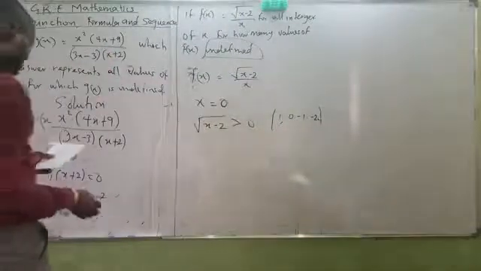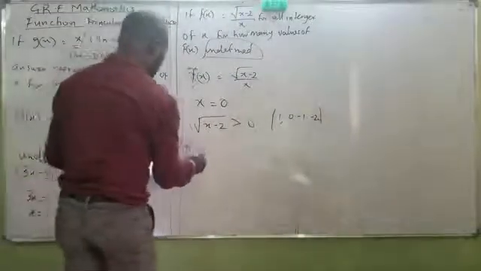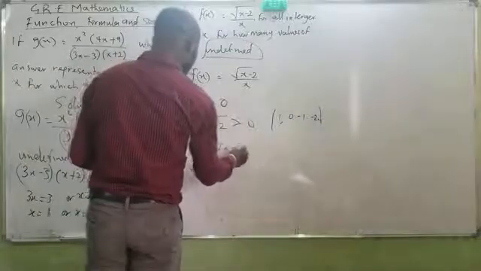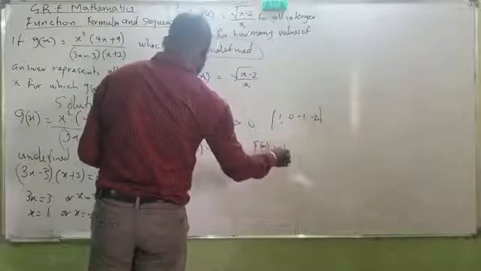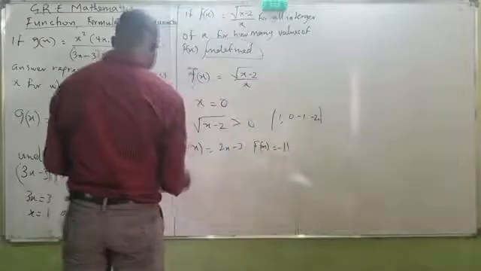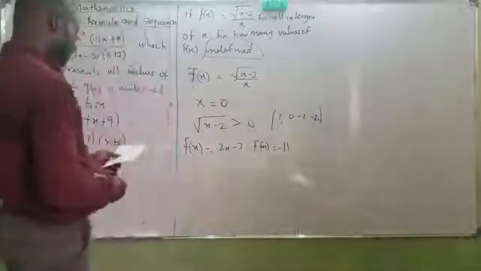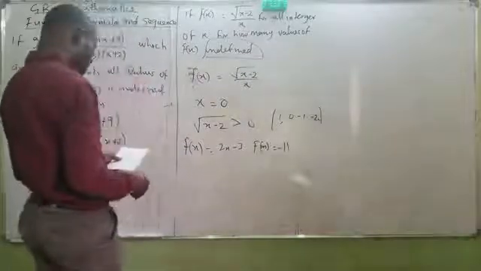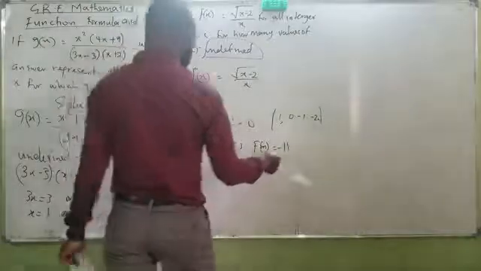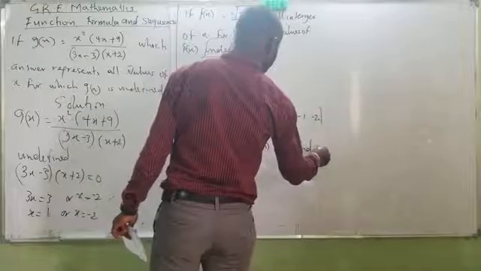Now, another problem is here. We have f of x equals 2x minus 3, and f of m equals minus 11. Now, we are asked to find m.